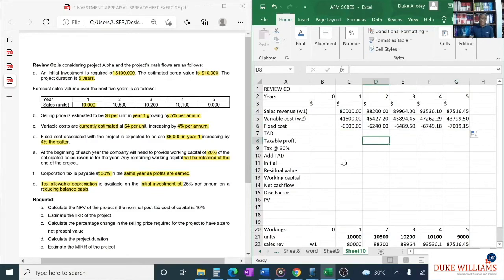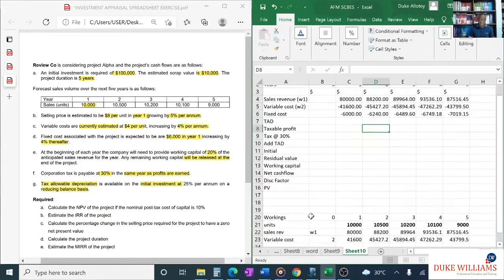So the next thing I need now is my tax allowable depreciation. Now, before I do that, I just want to demonstrate this, call it on pen and paper, so that you can see where I'm getting those figures from.